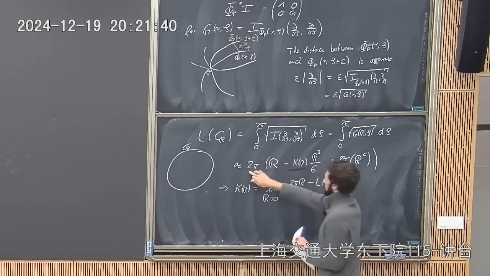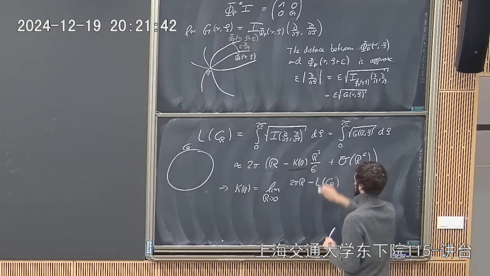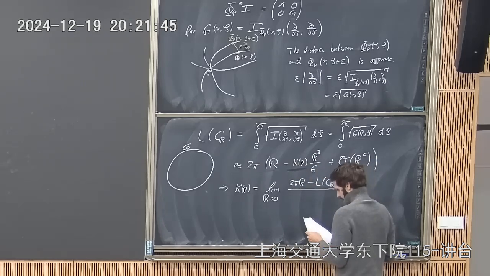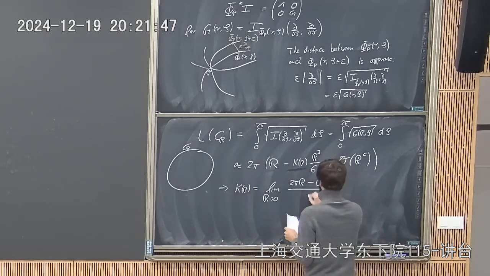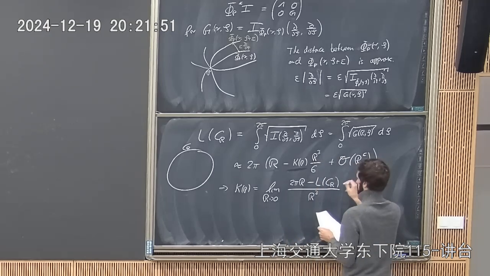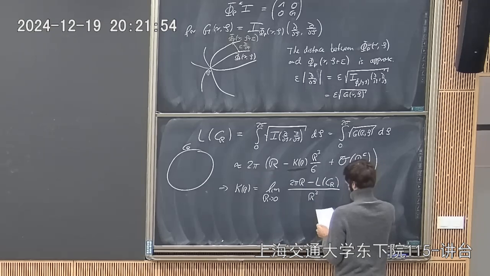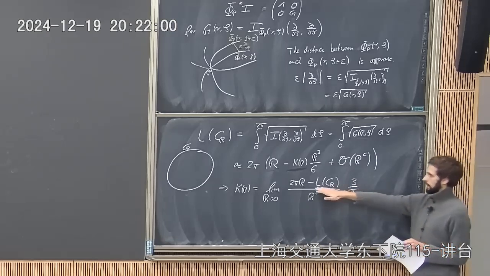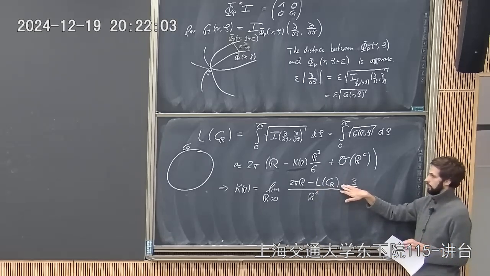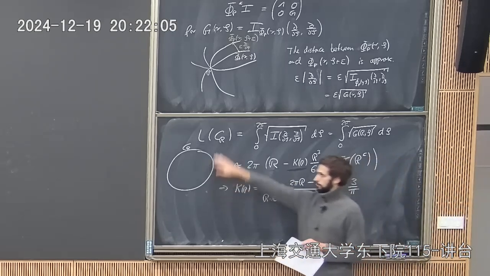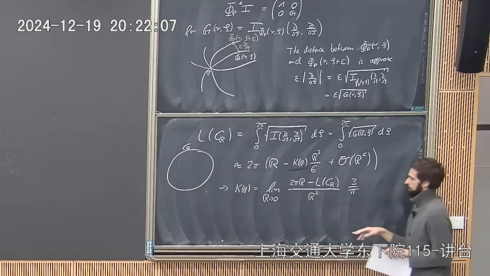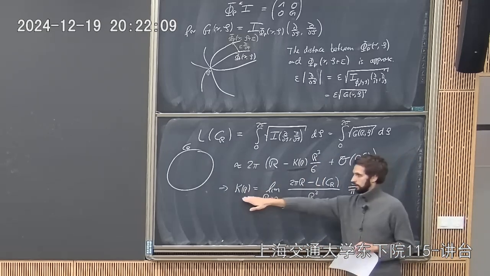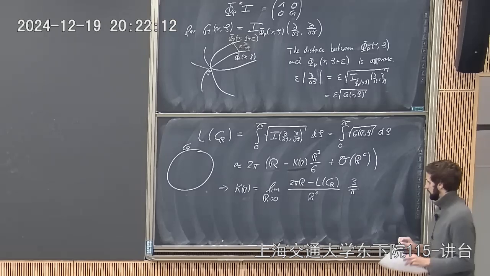So we subtract this part, then we divide by r to the power of 3, and then we have to correct for the 2 pi again. So we get this expression. That means once you know the length of this polar circle, then you can calculate the Gaussian curvature.